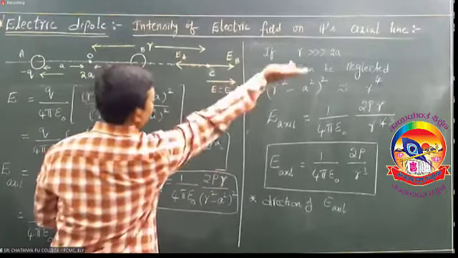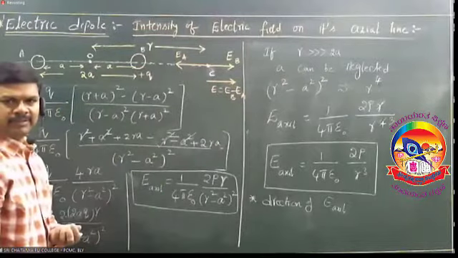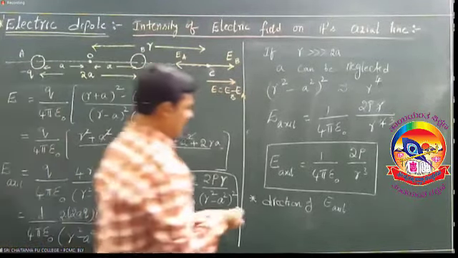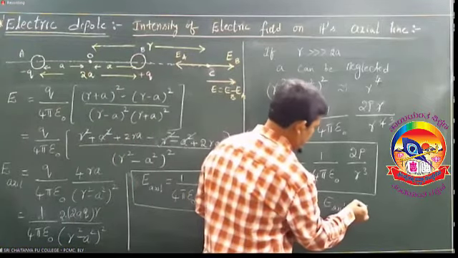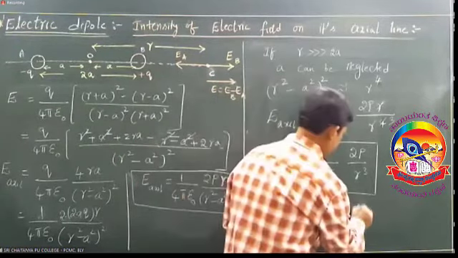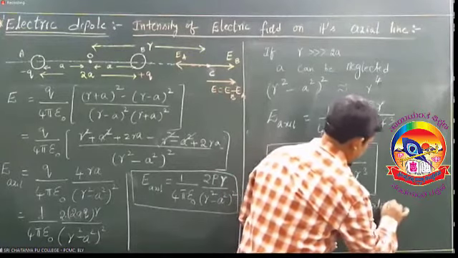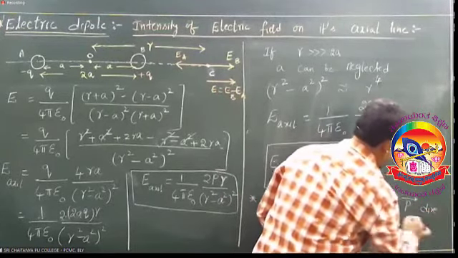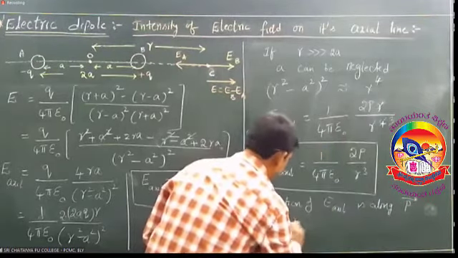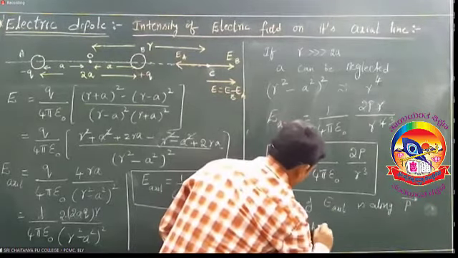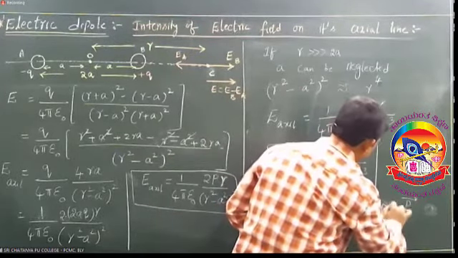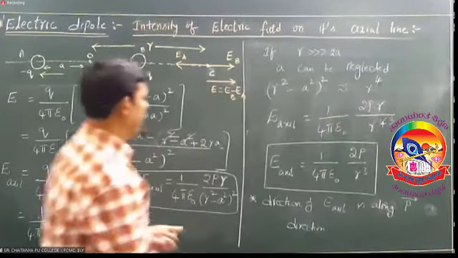Because EB is greater, it is along this direction. Right? So the direction of E axial is along the P direction. Is along P bar direction.